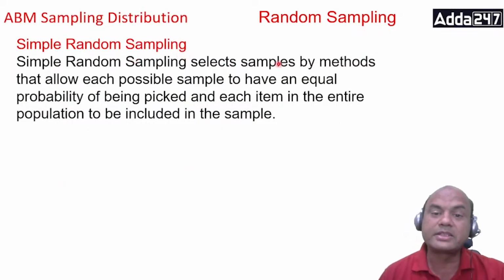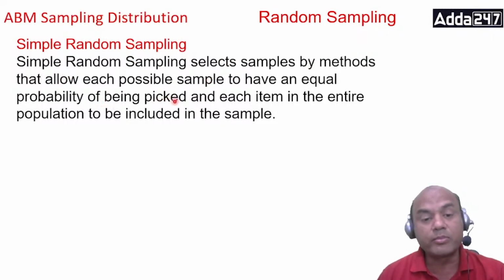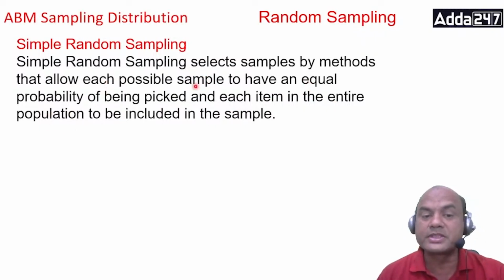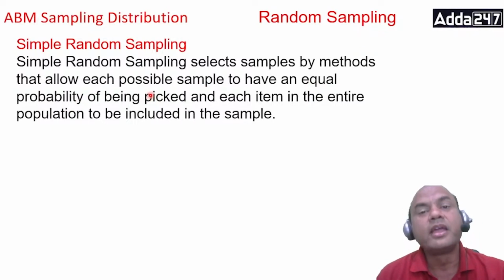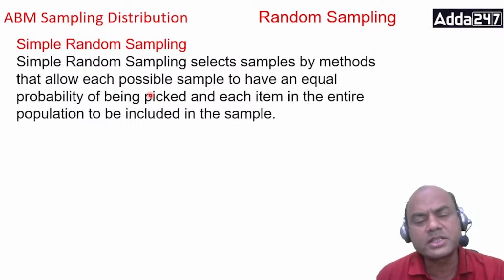Simple random sampling selects the samples by methods that allow each possible sample to have an equal probability of being picked, and each item in the entire population to be included. What does that mean? Each possible sample has an equal probability. Just now I told you, any 10 students from a class of 100 students. Any 10, so everyone has got a chance.